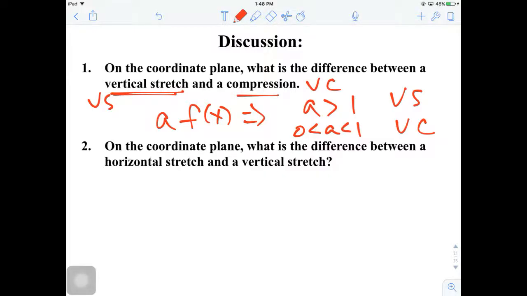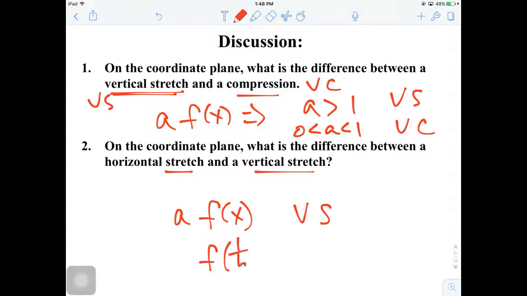Okay. And then on the second question, what is the difference between a horizontal stretch and a vertical stretch? So again, if you have f of x, a number in front of the function is going to be a vertical stretch. So that's how you can tell. And then a horizontal stretch is if you have the number 1 over b applied to the x value.